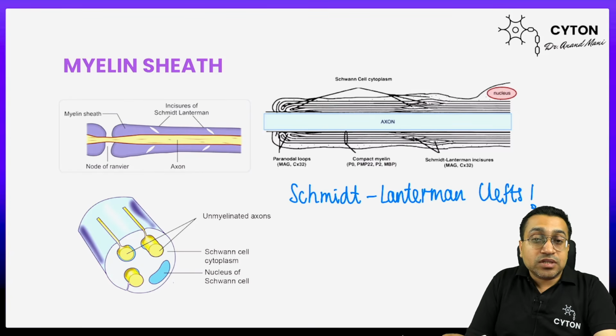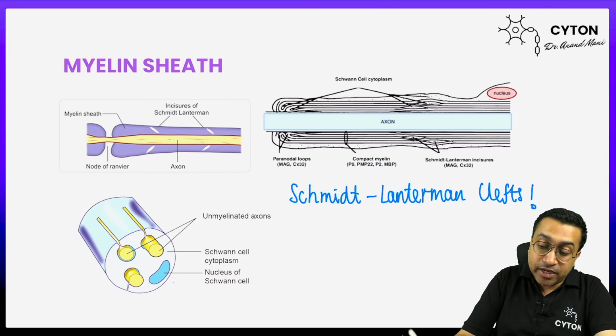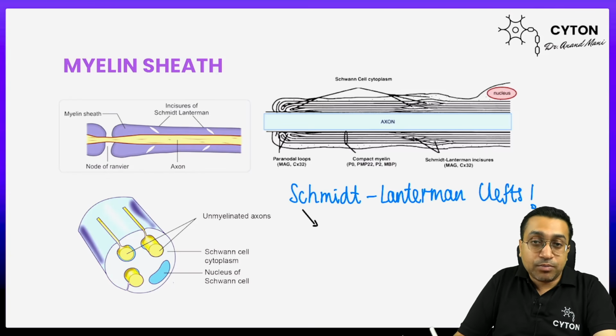These are the small pockets of the cytoplasm in the inner layers of the myelin sheath. It is asked in the viva also. If your viva is going good, especially in histology and general anatomy, they keep on asking these.